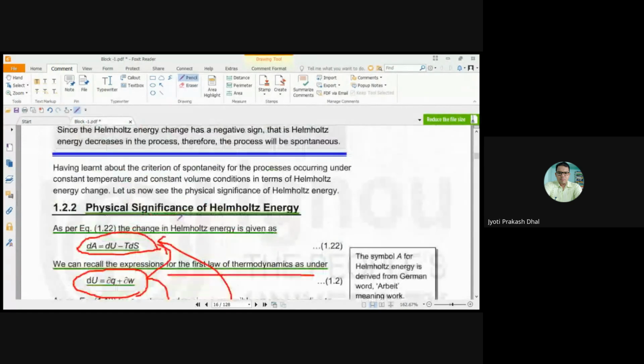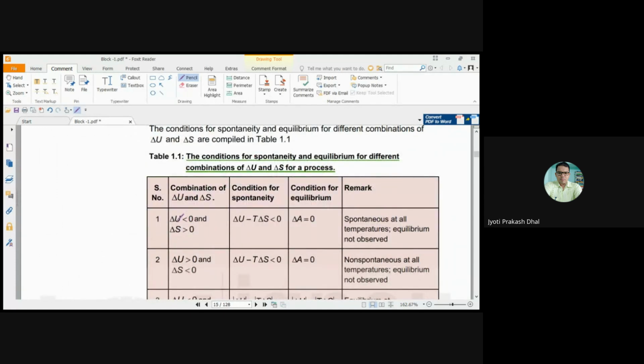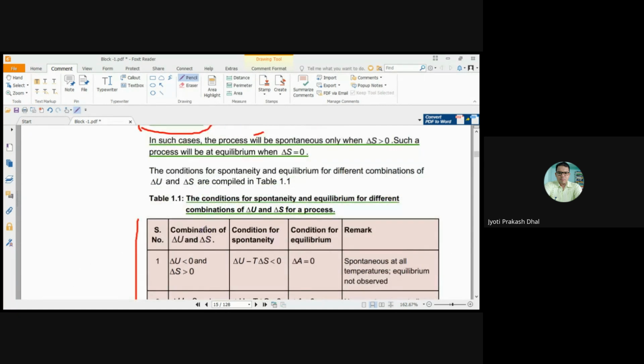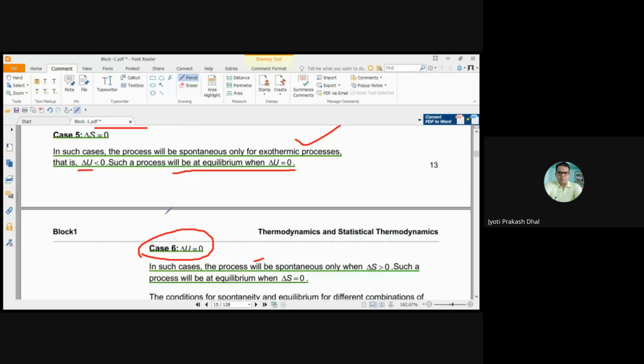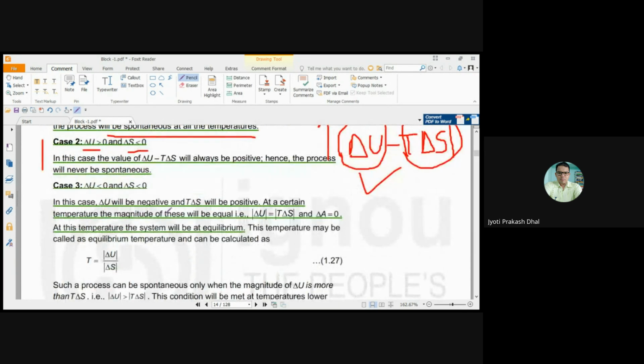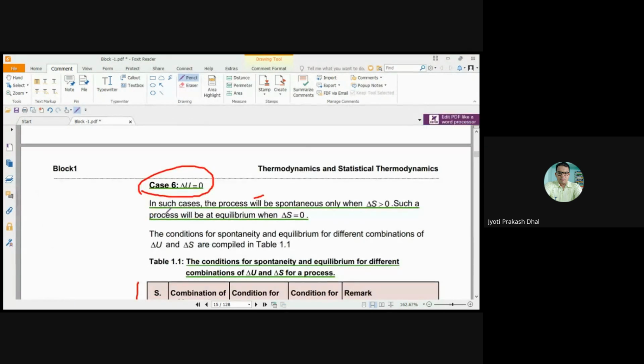And here we have discussed one criterion for the spontaneity of the process, and the complete summary you can find in table 1.1. We have also discussed all the things mentioned in the table, case 1, case 2, case 3, case 4, case 5 and case 6.